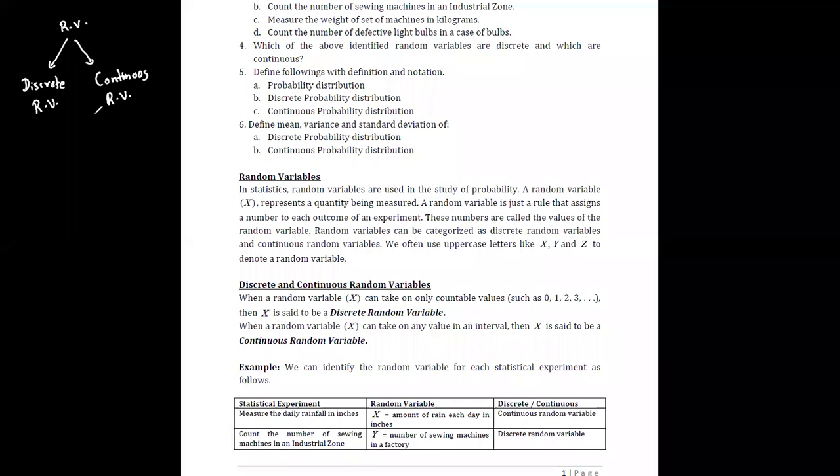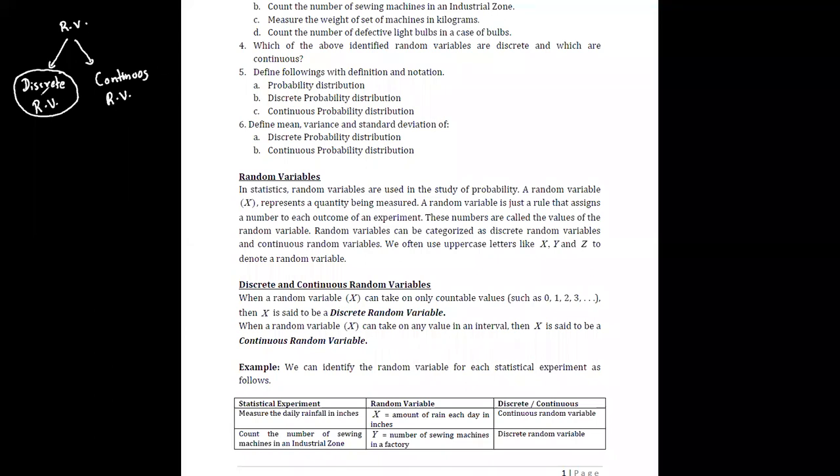Now, if we discuss these discrete random variables, we'll see what is defined as a discrete random variable. When we are defining a random variable, as I said in the previous explanation, a random variable can take values. Based on the type of the values that we can assign to a random variable, we have these two categories.